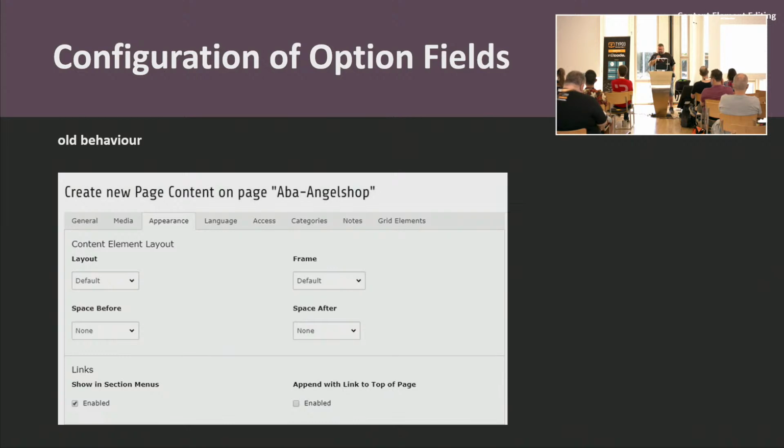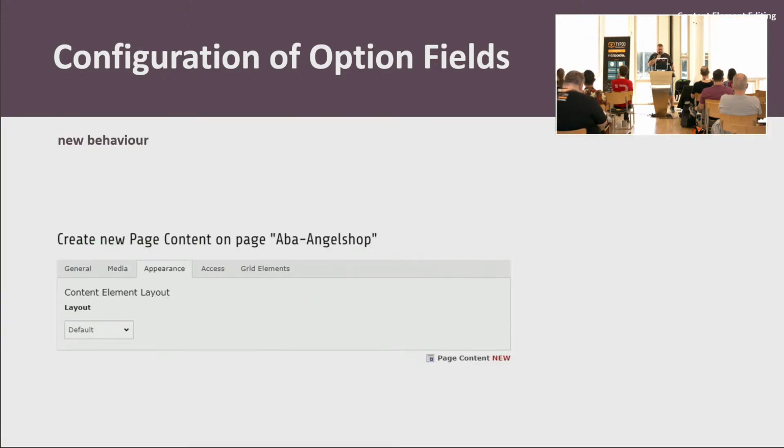Now you have the problem: you have a backend with many options. We will see some editors will have a little bit of fear about so many options. This is why we clean up. How do we do it?